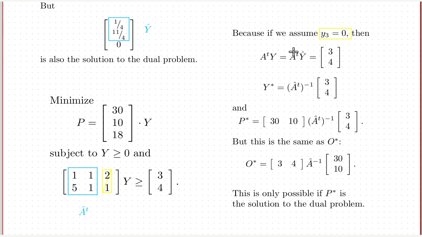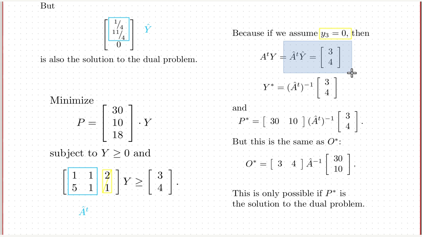Now, what we'd like to do in solving the dual problem is find a corner. A corner occurs when these are not just greater than or equal to, but exactly equal to some of these values over here, right? So we would like to set A transpose y equal to 3/4. And now if we do that, keeping in mind that A transpose y is the same as A hat transpose times y hat, we can use the inverse of A hat transpose to solve this equation.